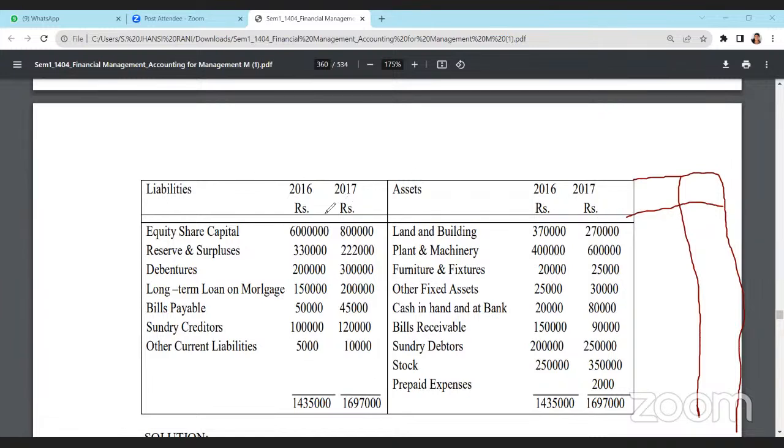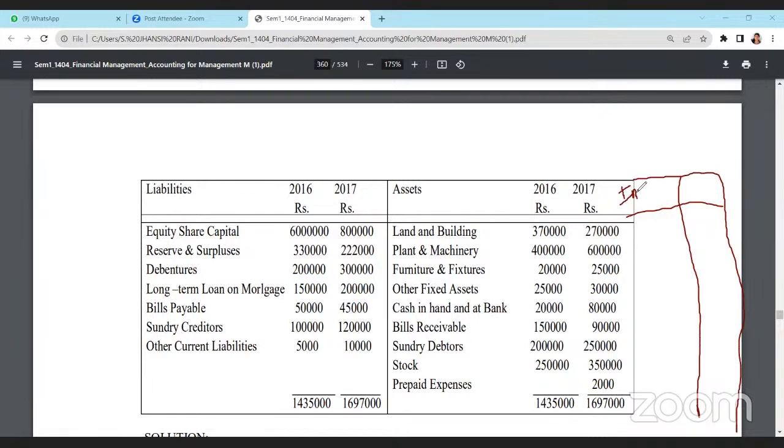Here we will not have 2 sides. Whenever we prepare a comparative statement, we will have only 1 statement under one particulars column. So we write the particulars column and 4 amount columns: 2016, 17, and then the increase or decrease column.